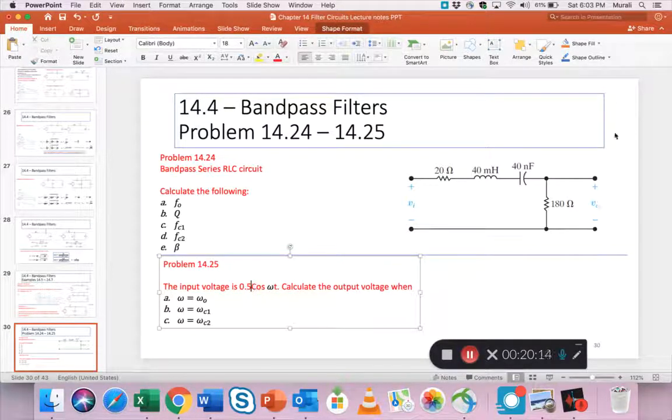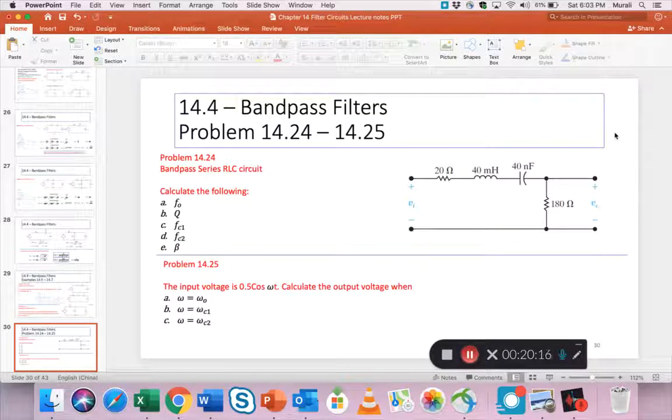Okay, so let's solve this problem together. Also remember, he wants us to find the values in hertz, not radians, at least some of these frequencies, which is a bit unusual, but he's the boss, so we have to make sure we answer him correctly.